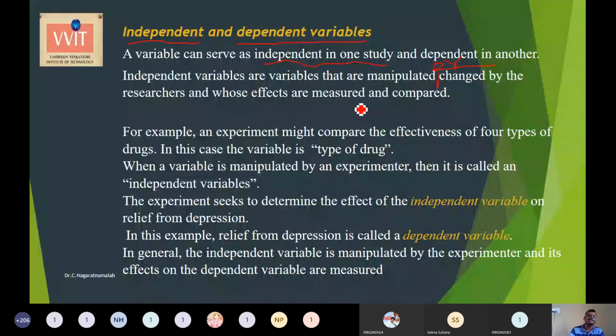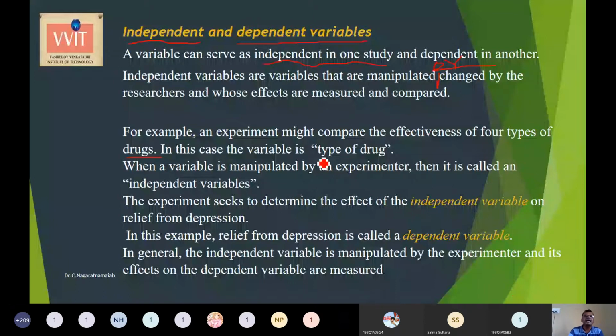This is very important. For example, an experiment might compare the effectiveness of 4 types of drugs. Let us see in pharma. Let's say we need to test the effectiveness of 4 drugs. In this case, the variable chosen is the type of drug.